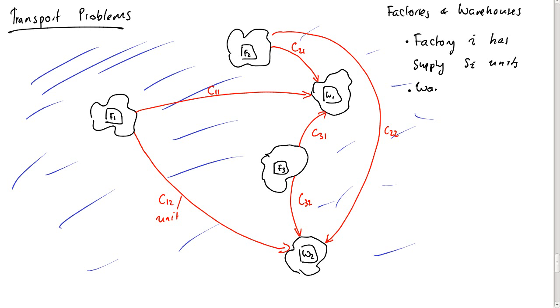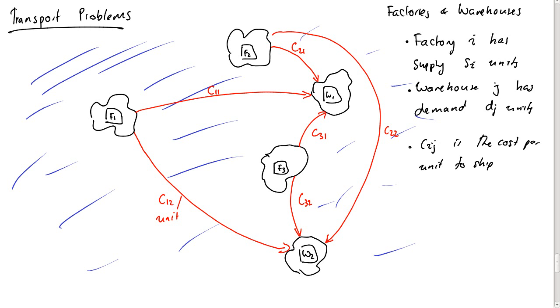Warehouse j has demand of Dj units. Cij is the cost per unit to ship from factory i to warehouse j.